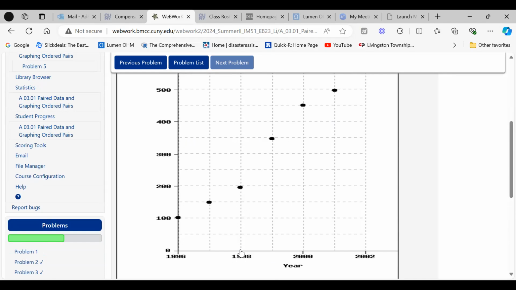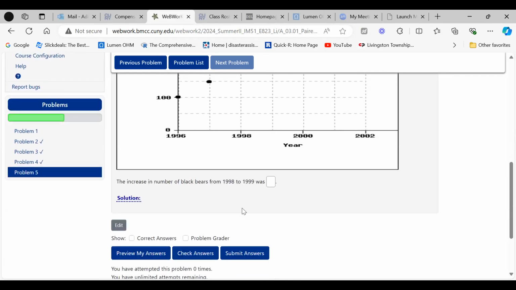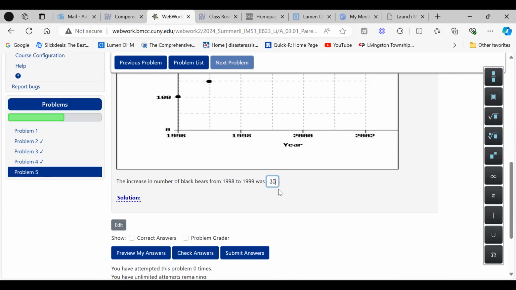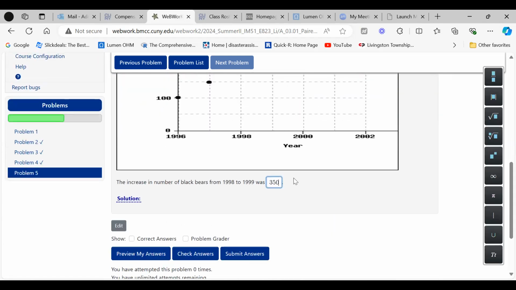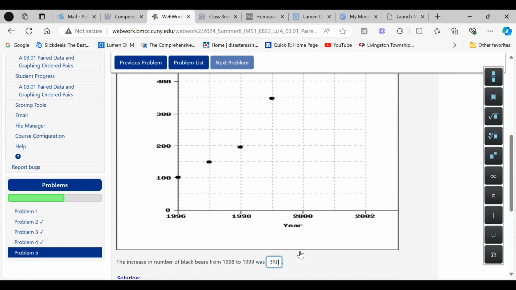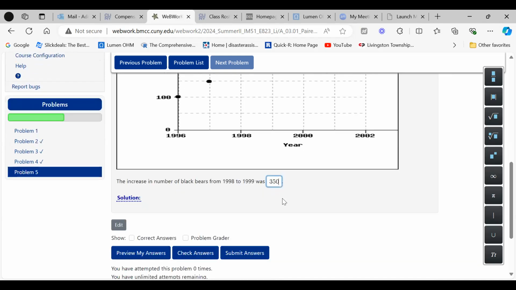Is it going to be 350? Almost, right? Close to 350. I think we can do 350. So basically, you're just matching the x coordinate with the y coordinate. This one has an x coordinate of 1999, and a y coordinate of around 350 bears.